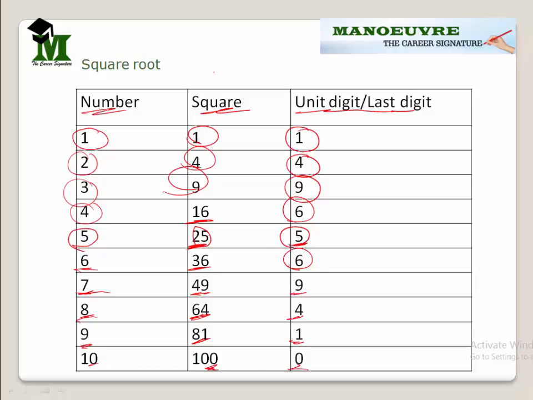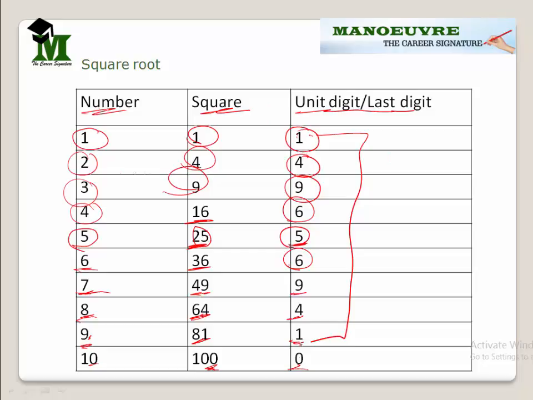If you look at this table and the unit digits, 1 square gives me unit digit 1, and there is another number, 9, whose unit digit is also 1. So 1 and 9 have the same unit digit.